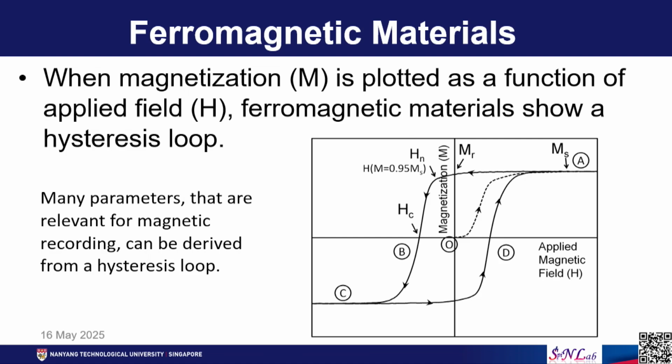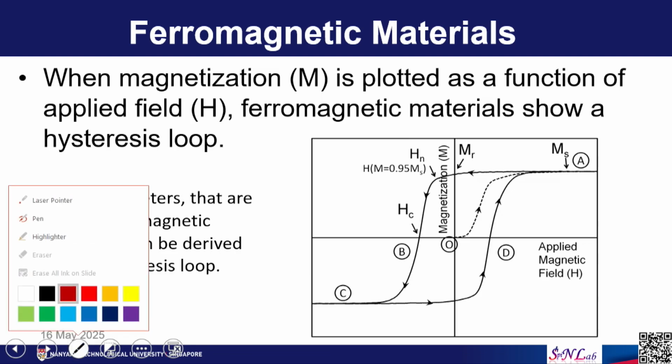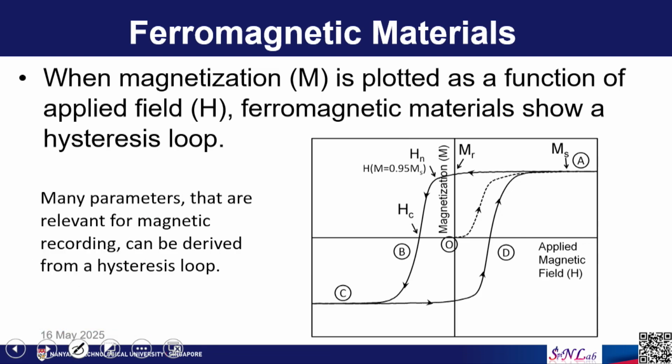Okay. So the first concept that you need to learn is saturation magnetization. It is usually shown by the symbol MS, meaning saturation magnetization. So when you apply a sufficiently large field, a very large field, then the magnetization of a sample reaches saturation. It increases, then at some point it saturates.